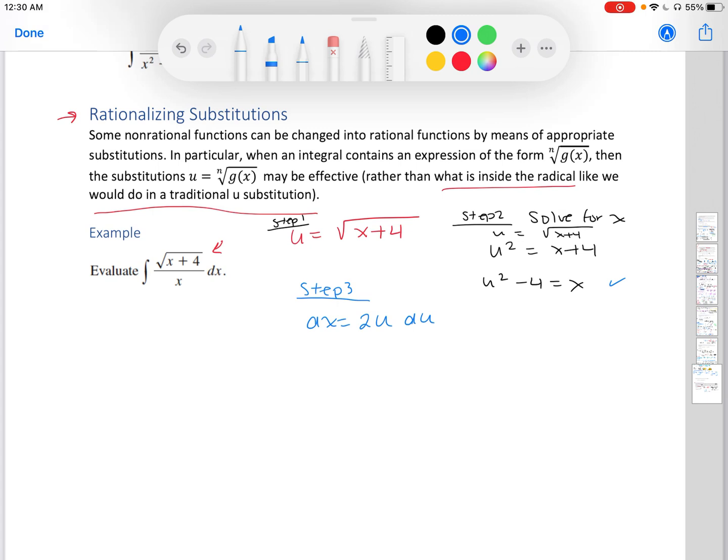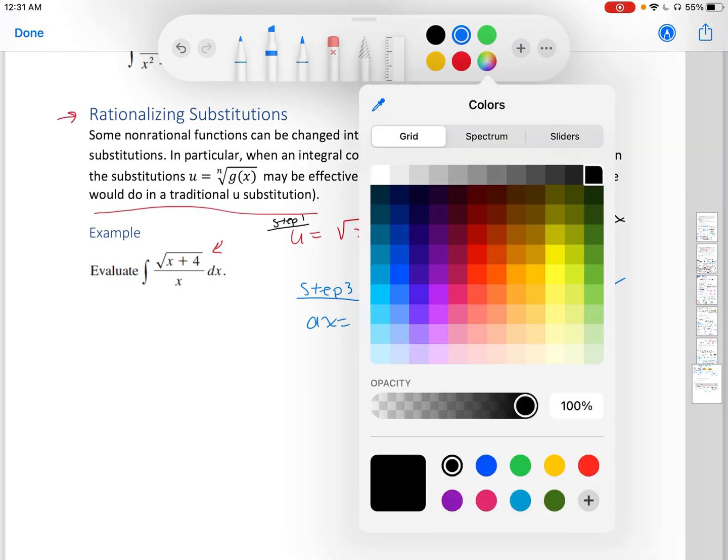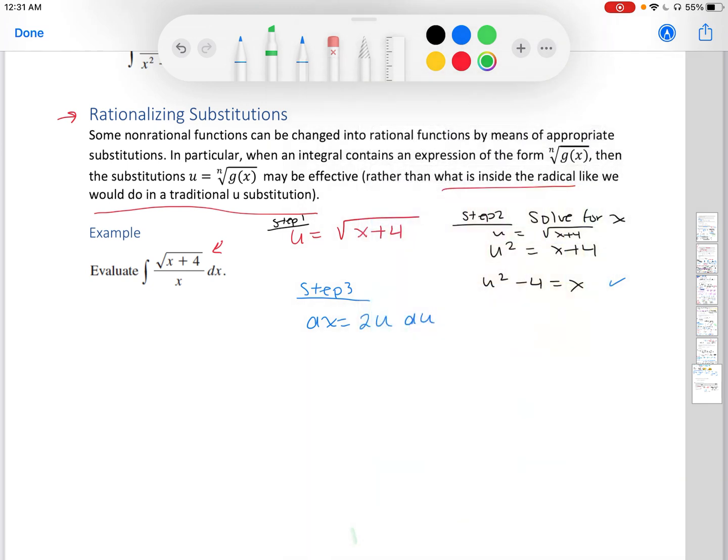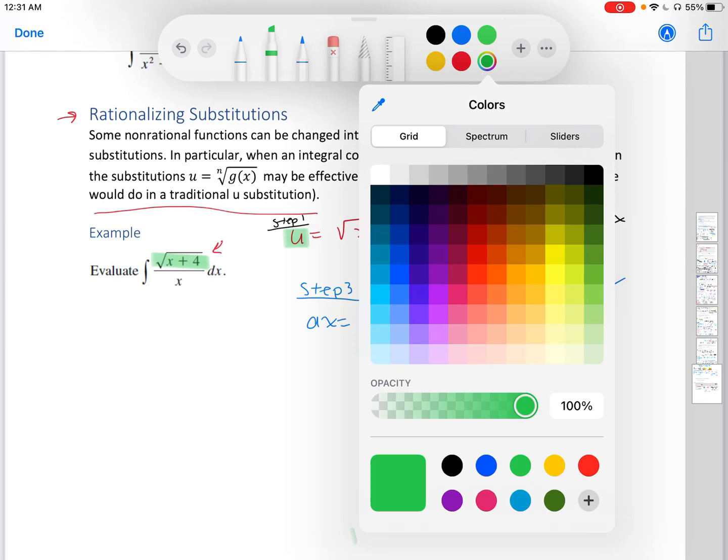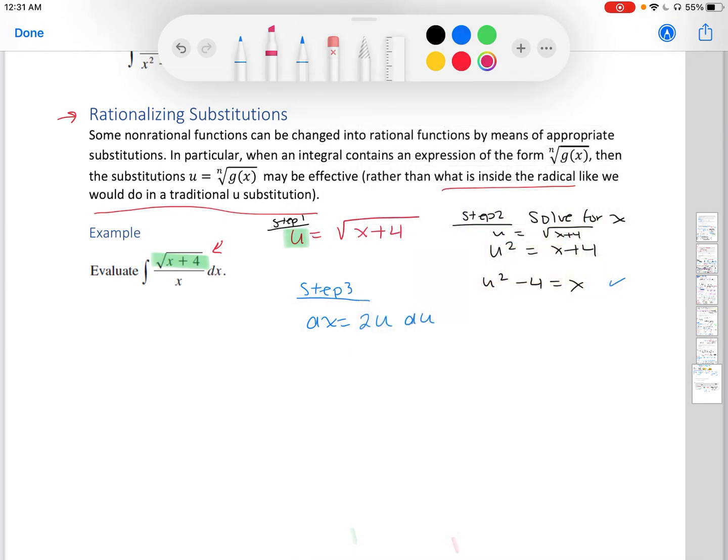Okay, let's replace each piece. u will take the place of that square root of x plus 4. x will be that u squared minus 4.